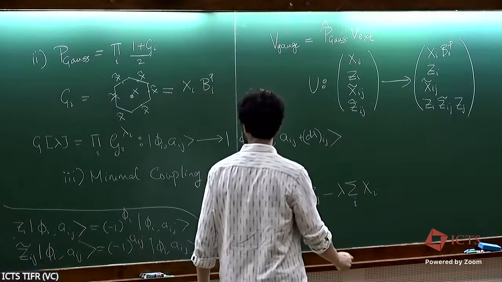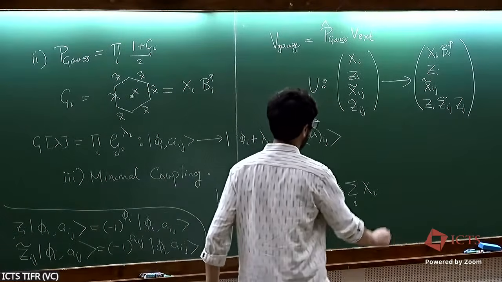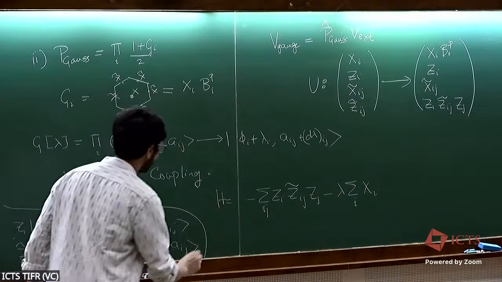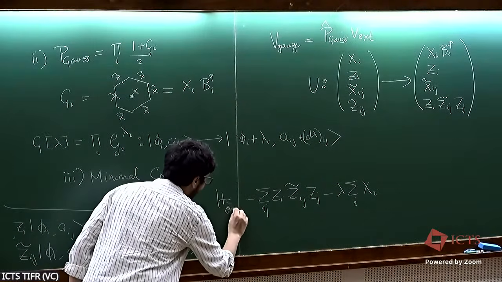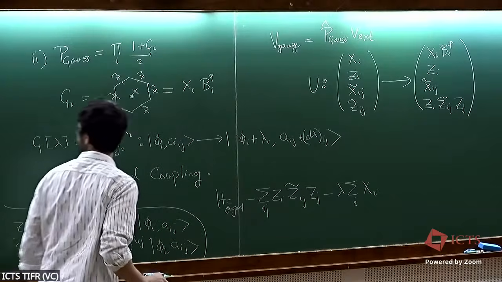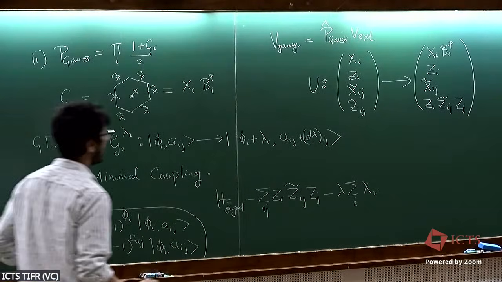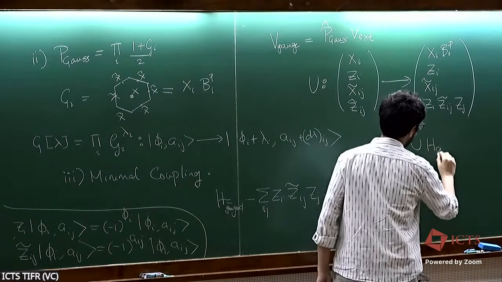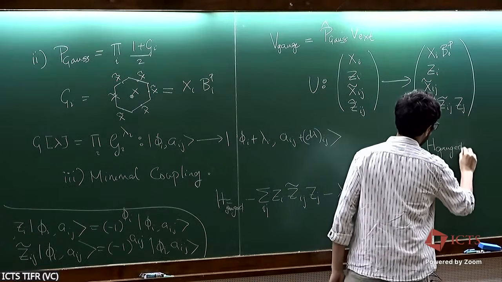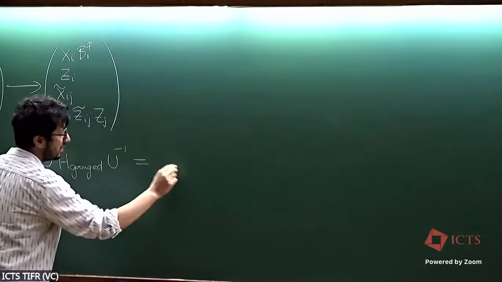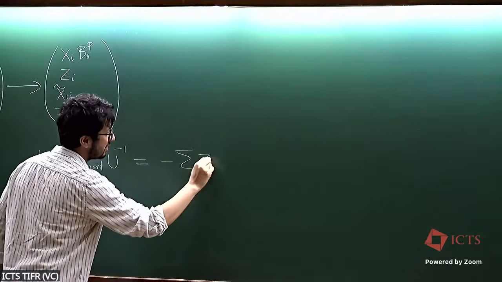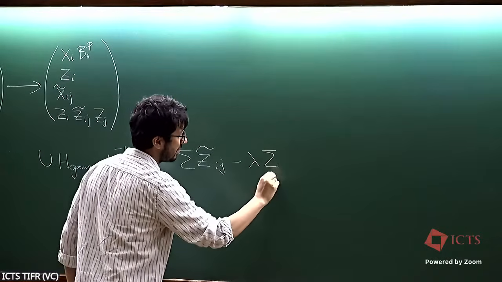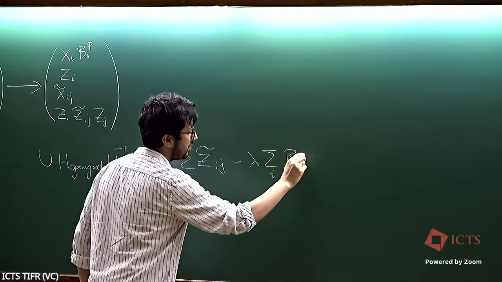And one can see that, let me call this H gauged. This is H. So U H gauged U inverse is just minus Z tilde ij minus lambda summation over i of Bi.